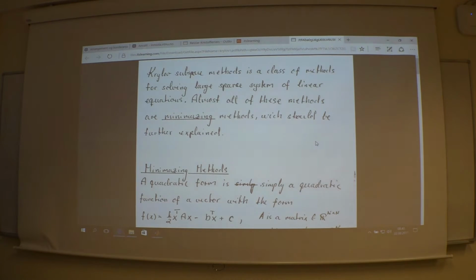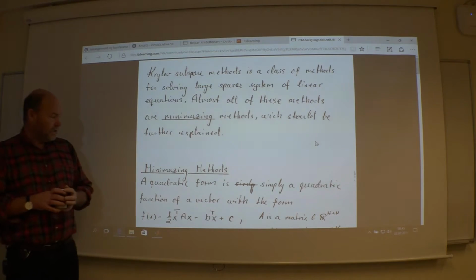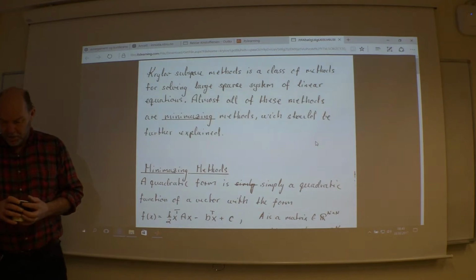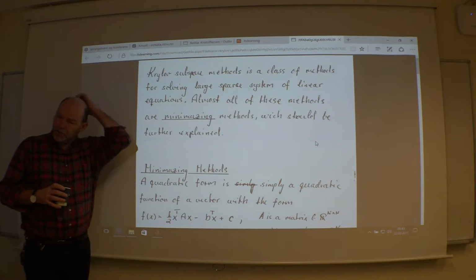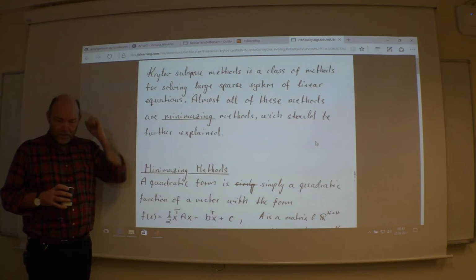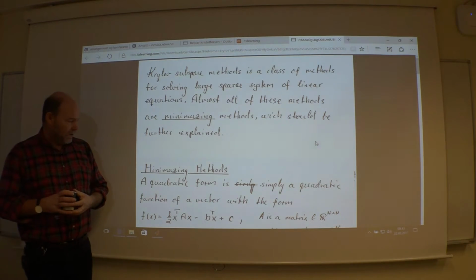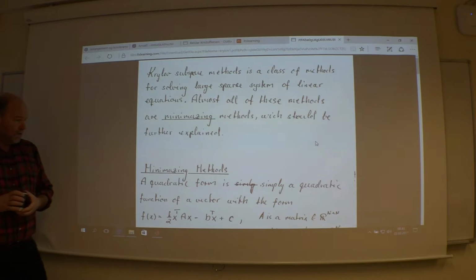So we have our problem. You have a linear equation system: you have a matrix A, a big one, and your unknown x's, and then the right-hand side equals b.